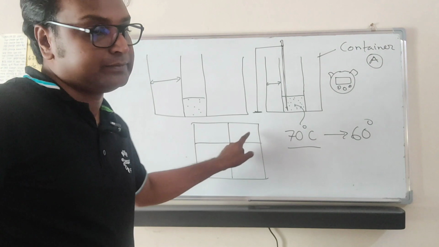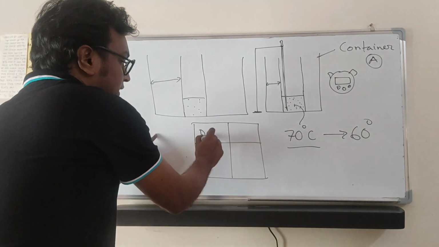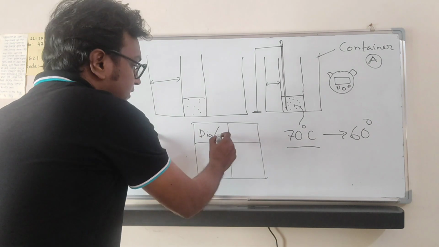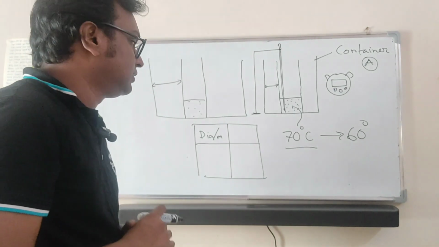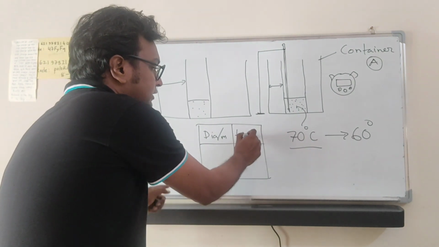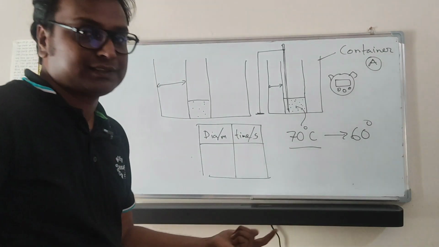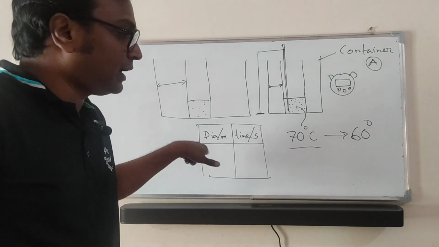We just write down the variables, like the diameter of the container, which can be measured in meters in length, and the time it will take in seconds. We can say seconds or minutes, anything. It depends. So we have to write down these things.